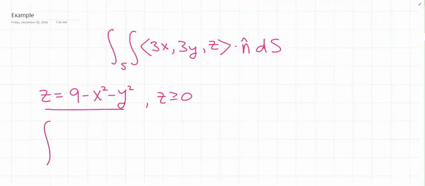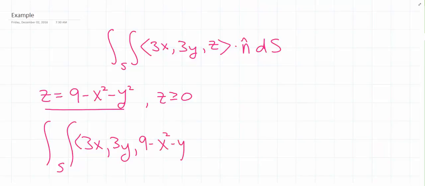Okay, so first of all, I won't bother with the bounds yet, but here's what I have. I have 3x, 3y, and now in place of z, I'm going to put 9 minus x squared minus y squared, because that's what z is. Now for the rest of it, I'm going to look at this level surface.